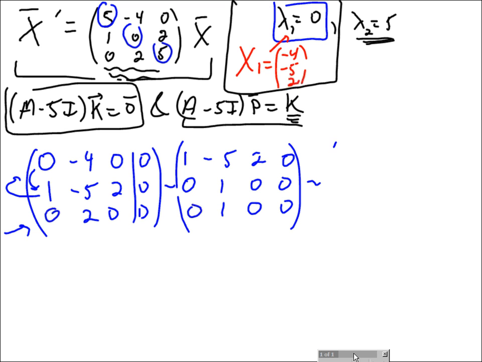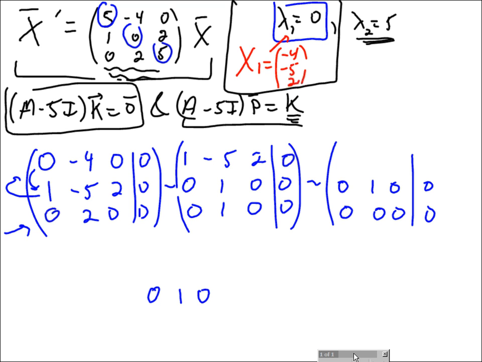Now, if 2 rows are exactly the same, like row 2 and 3, upon subtraction, you have 0. Now, if a row, like row 2, is all zeros except one entry is a 1, it can kill off every entry in other rows above or below the 1. I can kill off that negative 5. Why?